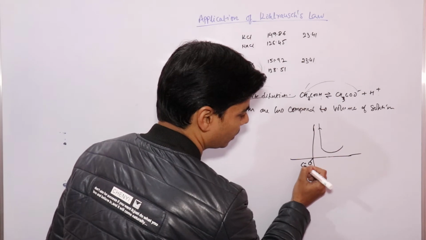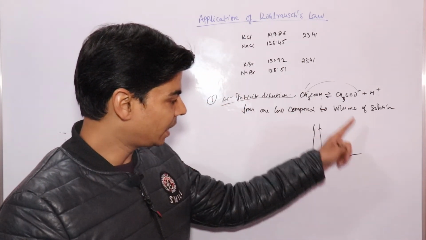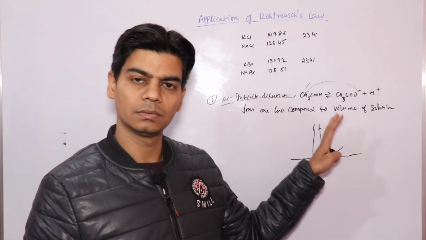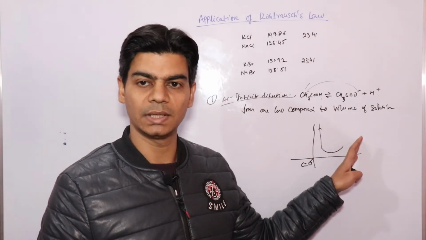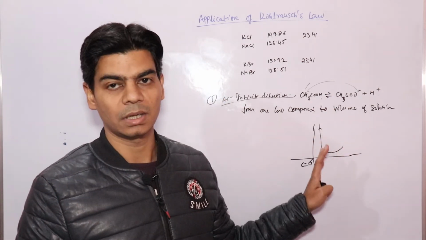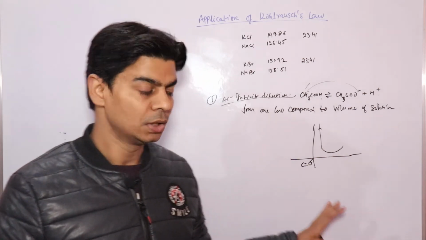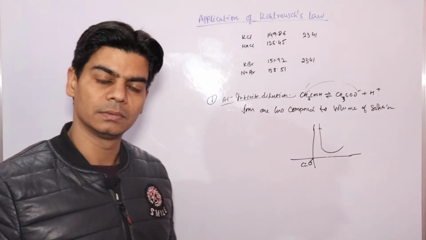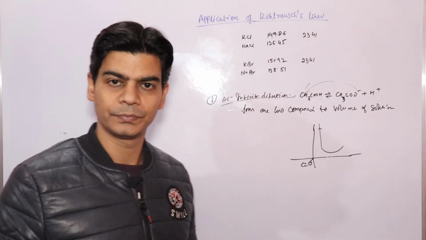So experimentally we concluded that for acetic acid, which is a weak electrolyte, molar conductance cannot be measured. This issue was solved by Kohlrausch.